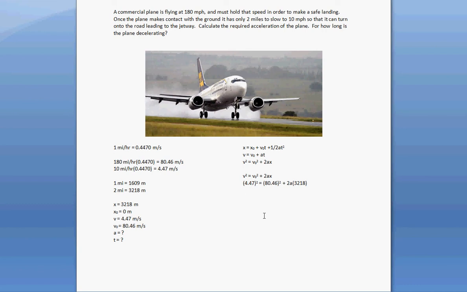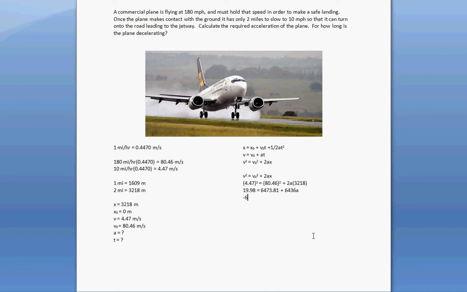So we'll square this. That gives you 19.98. And then we'll square this number, and that gives some very large number, 6473.81. And then we're going to do 2 times this number, and that's 6,436. Now we're going to subtract this from both sides, so we should end up with a negative number, and we do get a negative number.